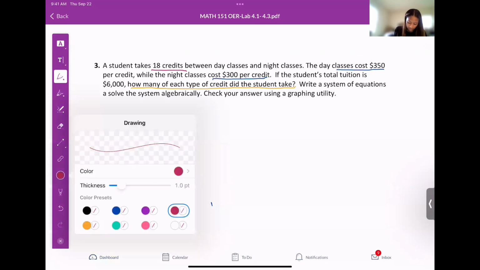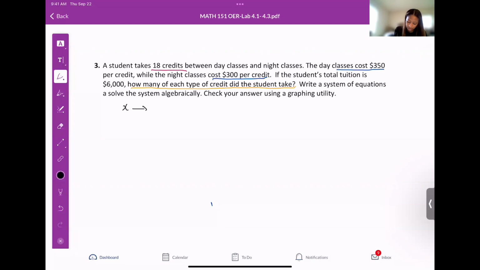We're going to let X represent the day credits or day classes. And let Y represent the night credits. Or you can say night classes.